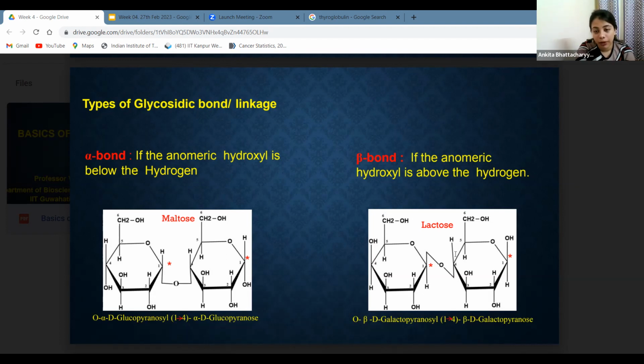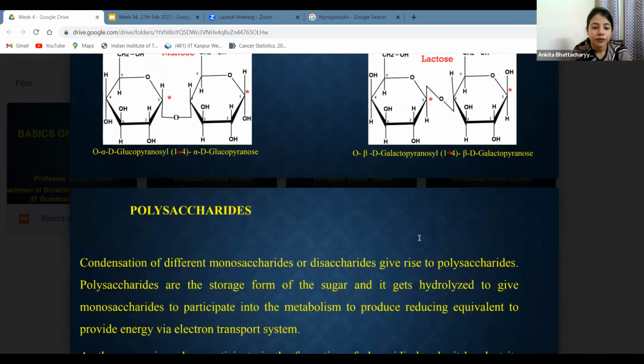Compare that to the beta bond, where the anomeric hydroxyl is above the hydrogen, and you can see a zigzag, like the Z scheme in photosynthesis, if you remember. It has a zigzag orientation and gives rise to a beta bond in the formation of the disaccharides.